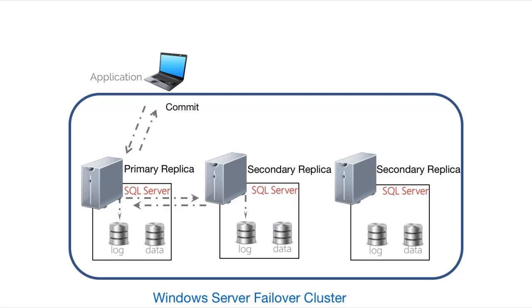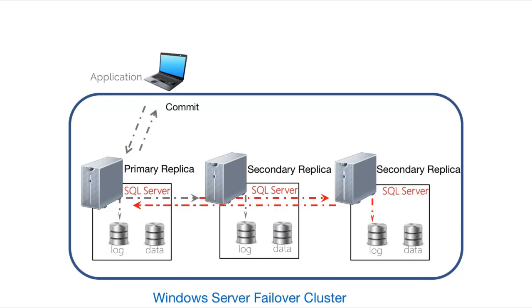Now, this is what happens when you configure synchronous replication between your replicas. If you configure asynchronous replication between your replicas, the client application does not have to wait until the secondary replica persists those transaction log records on disk. It will just consider them as committed transactions. Now, between synchronous and asynchronous replication, it spells the difference between losing data and not losing data.